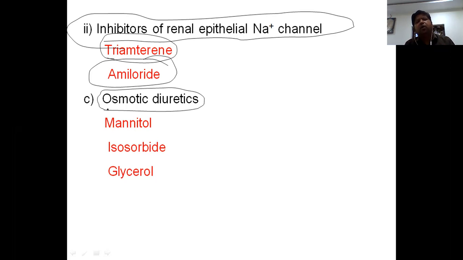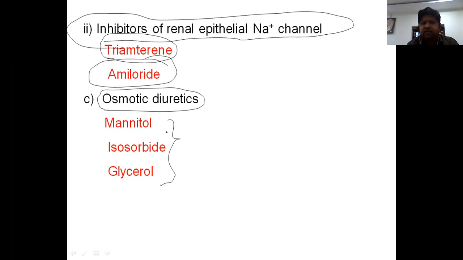Okay, so what is happening here is these drugs like mannitol, isosorbide and glycerol are going to increase the volume of the filtrate. They are going to modify the contents of the filtrate. They are going to make the contents of the filtrate very, very concentrated.